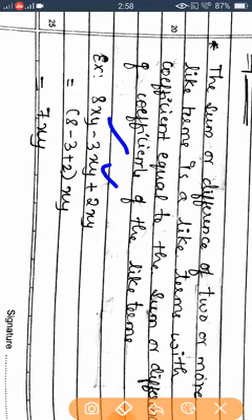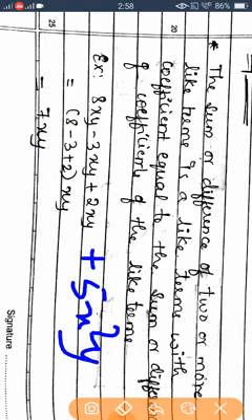In another way, we can take the xy outside with the product, because all are with the product only with the numerals. So what is remaining with xy? 8 in this, minus 3 in this, plus 2. So 8 minus 3 plus 2. 8 minus 3 is 5, 5 plus 2 is 7. So the answer is 7xy.